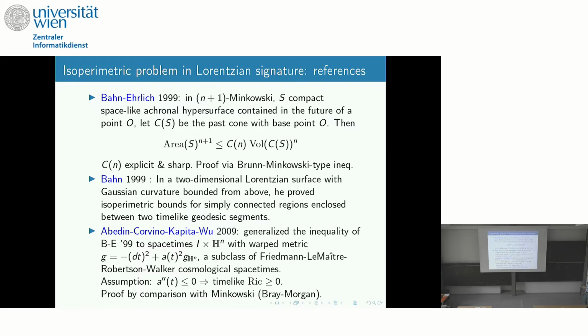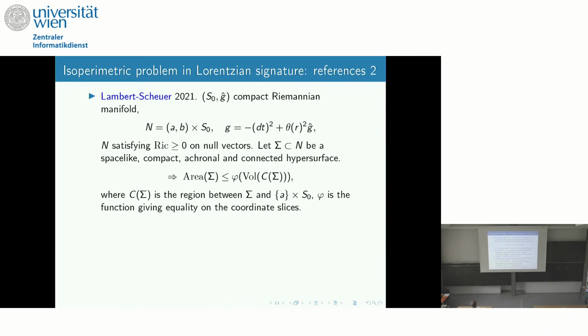Then more recently, Abedin, Corvino, Kapita, and Wu generalized this result of Bahn and Ehrlich to warped product metrics. So the metric is a warped product, and it has Ricci non-negative in the time-like directions. So it's more general, but still in a warped product framework.